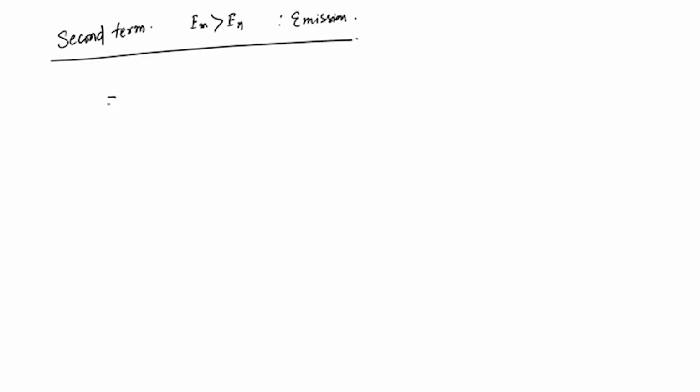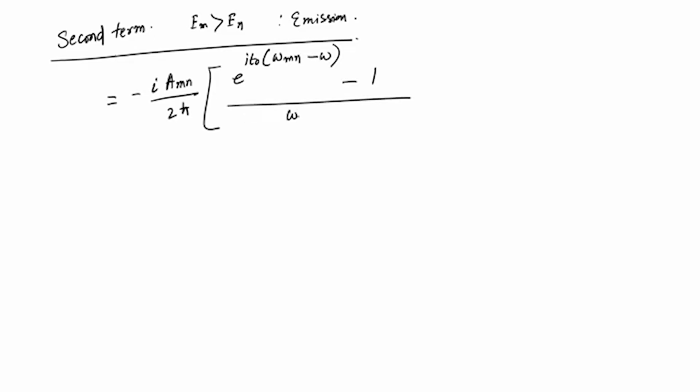So, this is equal to minus i a_mn divided by 2 h cross, and rewriting it again, it is i t_0 (omega_mn minus omega) minus 1 divided by (omega_mn minus omega). Okay.